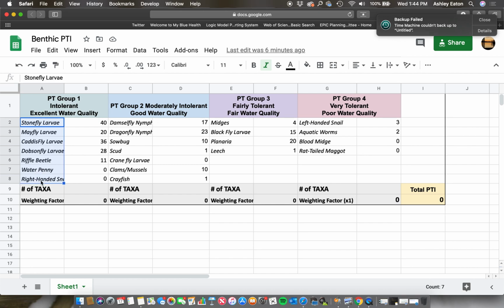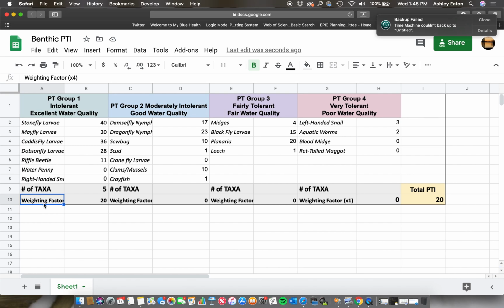Of these pieces of data, you have 1, 2, 3, 4, 5, 6, 7 options. So of these 7 different organisms, how many did you find? Looking at our data set here, we found this many: 1, 2, 3, 4, 5. So the number that we're going to put here is 5. So we found 5 of the species that are identified in pollution tolerance group 1.